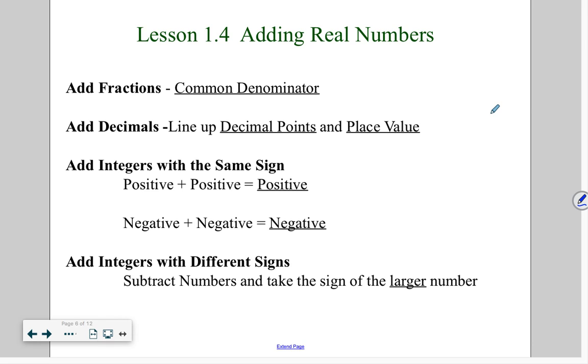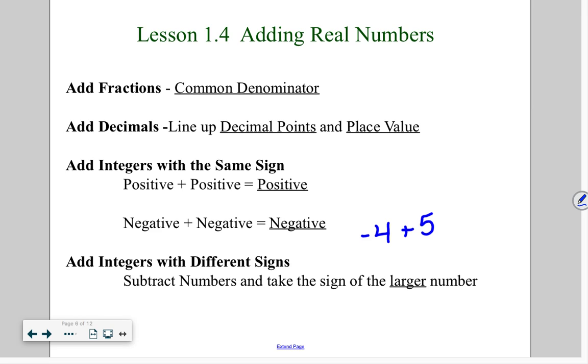The difference is when one is positive and one is negative. Okay? So remember, when one number is positive and one number is negative, you subtract the numbers and take the sign of the larger number. So do you remember having questions like negative 4 plus 5?